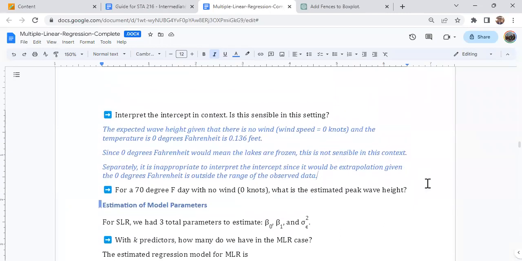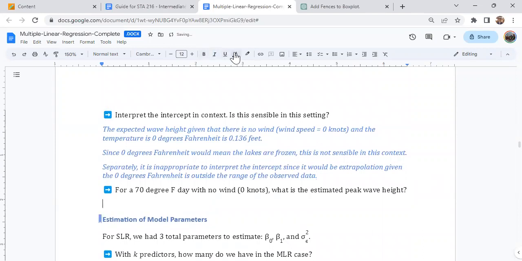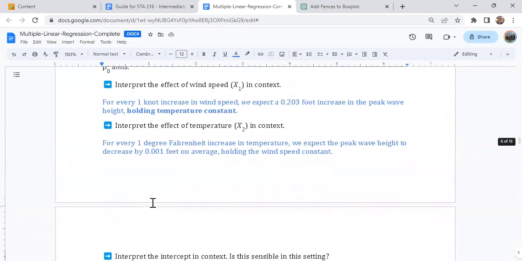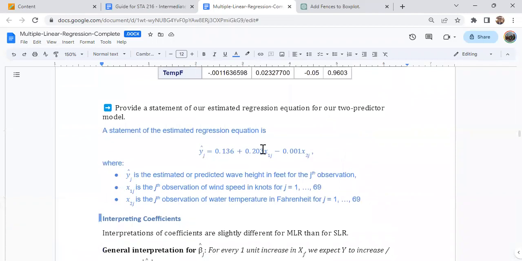Okay, so that's how we can interpret the intercept. It's the predicted value when all the x's are 0, which you can see based on the estimated equation. If you set all the x's to be 0, you end up with y hat, the predicted value, being the estimated intercept. So that's why we interpret it that way.